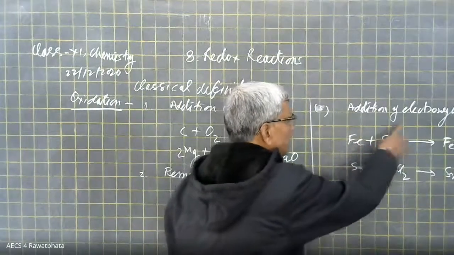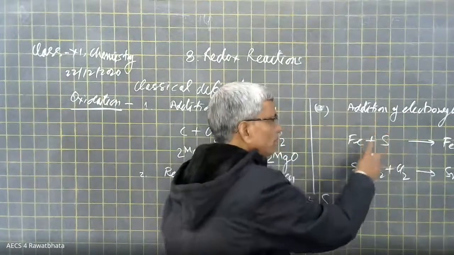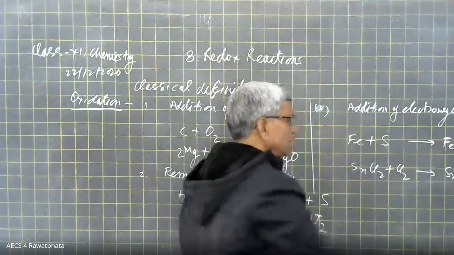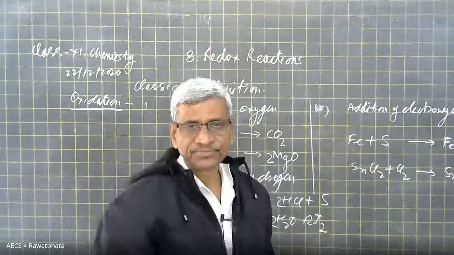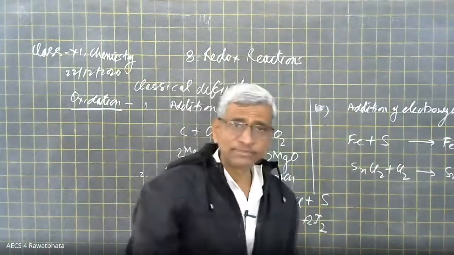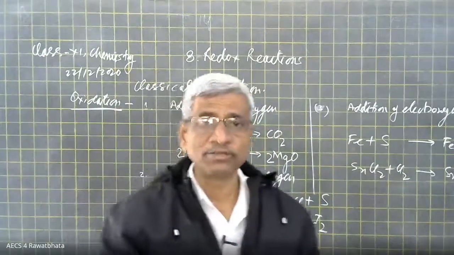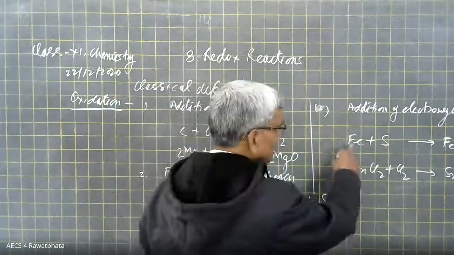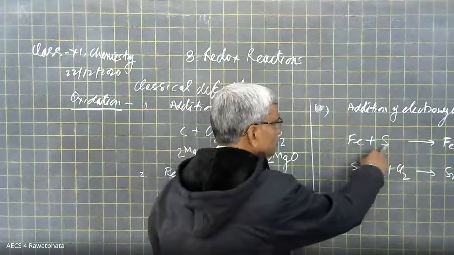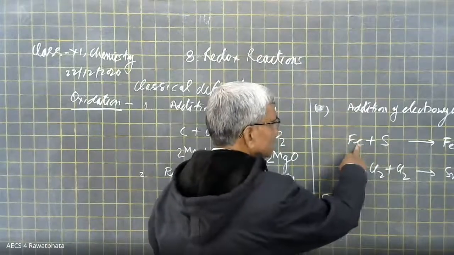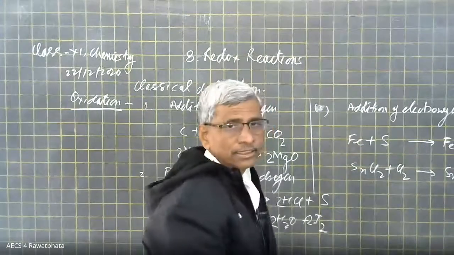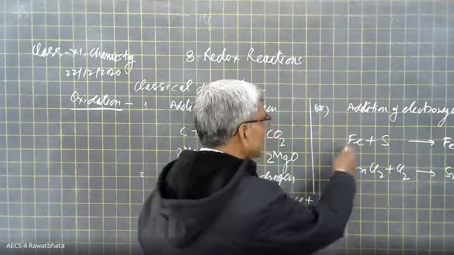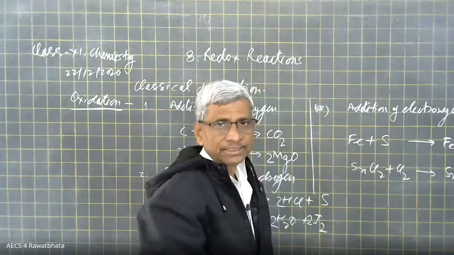That's why joining of an electronegative element is going on, and iron gets oxidized into FeS. The same term we are going to use for reduction also. Here the electronegative element, sulfur, is joining to the iron. That's why it is an oxidation reaction. Iron gets oxidized into FeS.